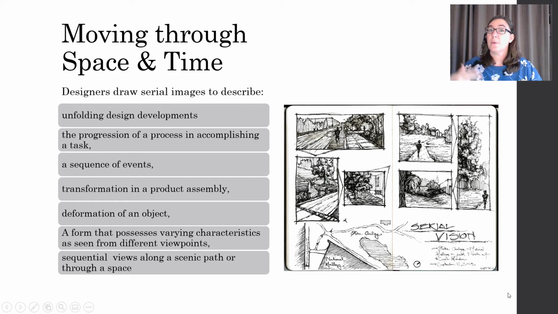It could be the sequence of events or a transformation or deformation. It could be a three-dimensional form that has different characteristics when seen from different viewpoints. And finally, this is probably the most common way, you can use it to describe sequential views along a scenic path or through a space.